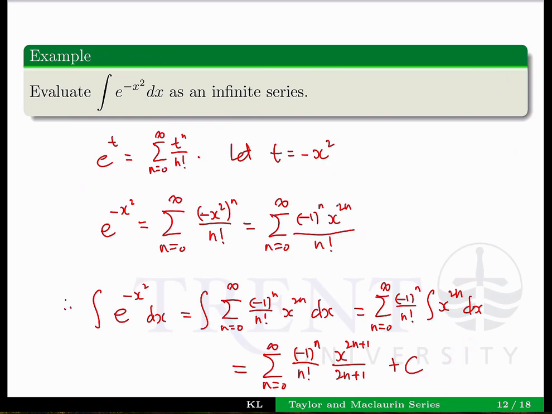Unlike in our last discussion, we had an actual function, ln of 1 plus 2x, and so on and so forth, or ln of 1 plus x. We have the actual function ln of 1 plus x, which is equal to some power series. That's why we were able to find the value of c.